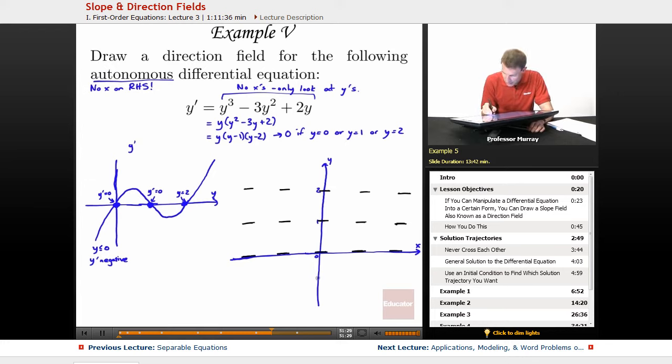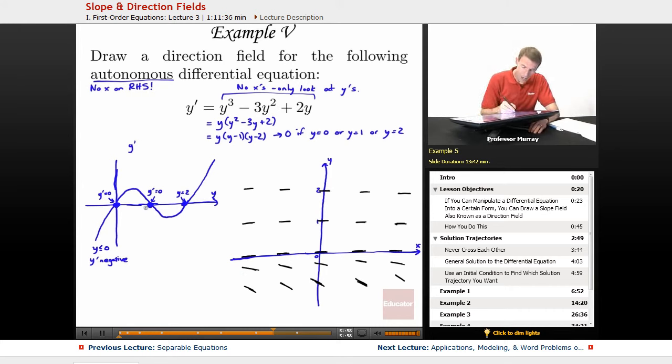So let me draw some negative slopes here. There's a negative slope. There's a negative slope. Now I don't really care what the x does because the x did not appear in the differential equation. So there's some more slightly negative slopes. That's why I'm not paying attention to my x values here.